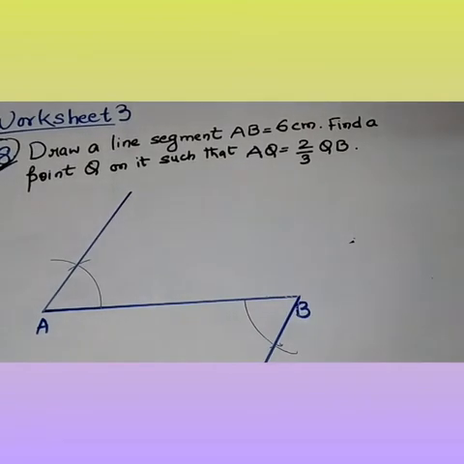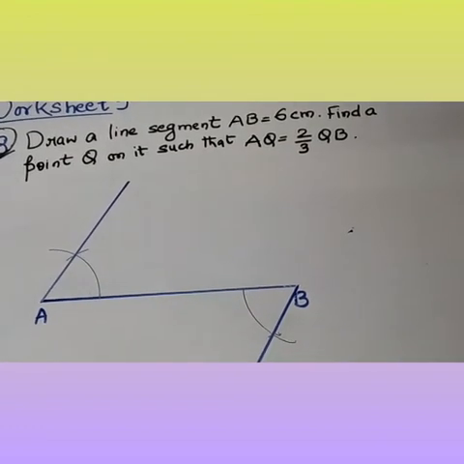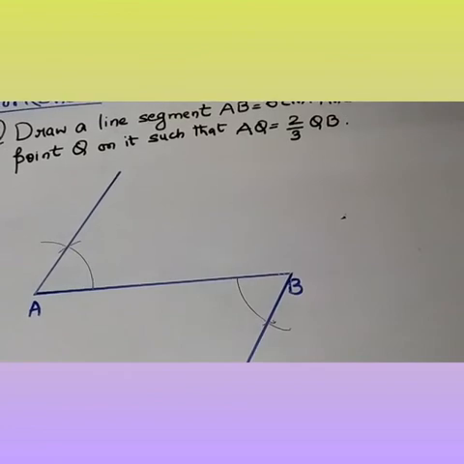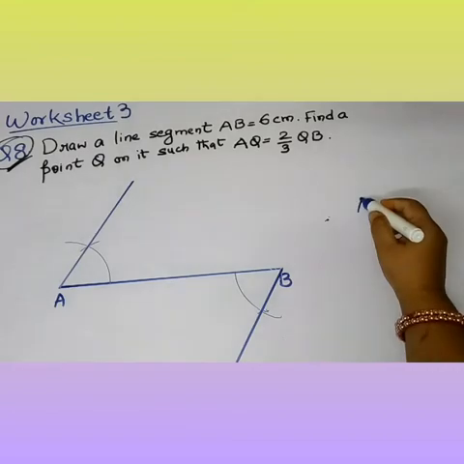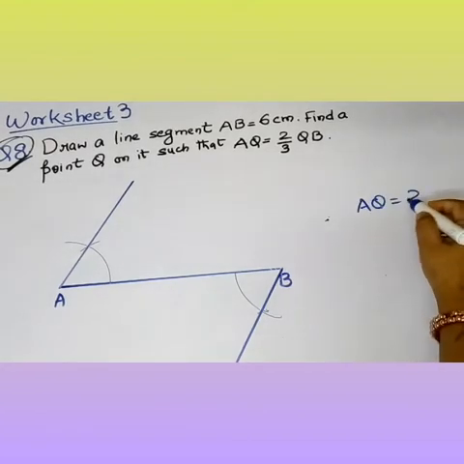Now let's see, it's given in the question that AQ is equal to 2 by 3 QB.